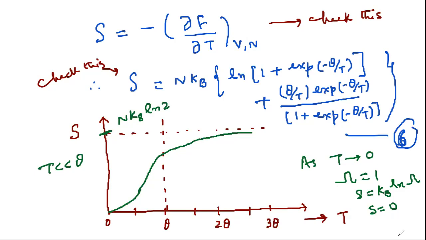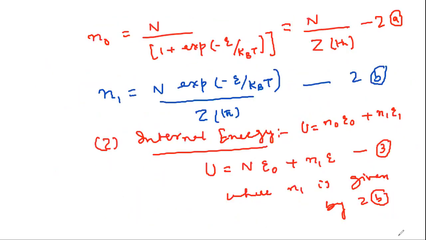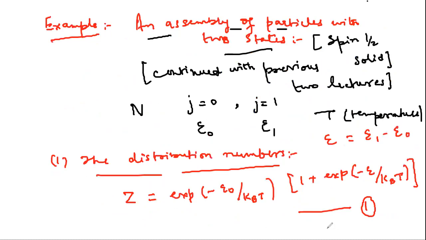Let me summarize this. We have completed this example today, finally. So let me summarize this lecture, what we have done. We have taken this example of an assembly of particles with two states. The particles were localized, weakly interacting, and there were only two single particle states with energies epsilon naught and epsilon 1.